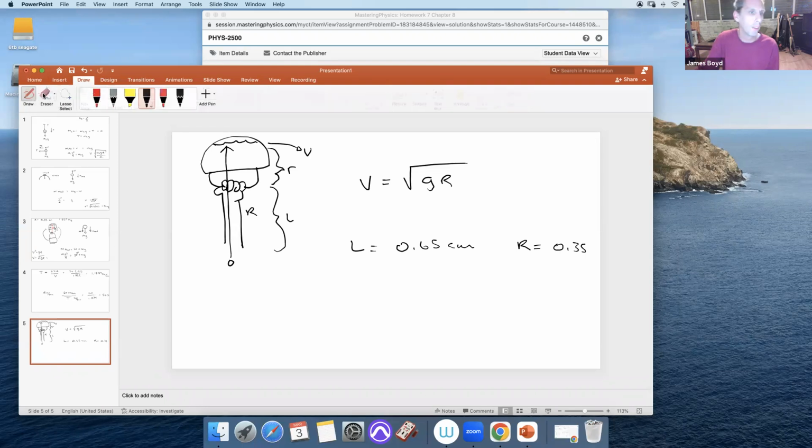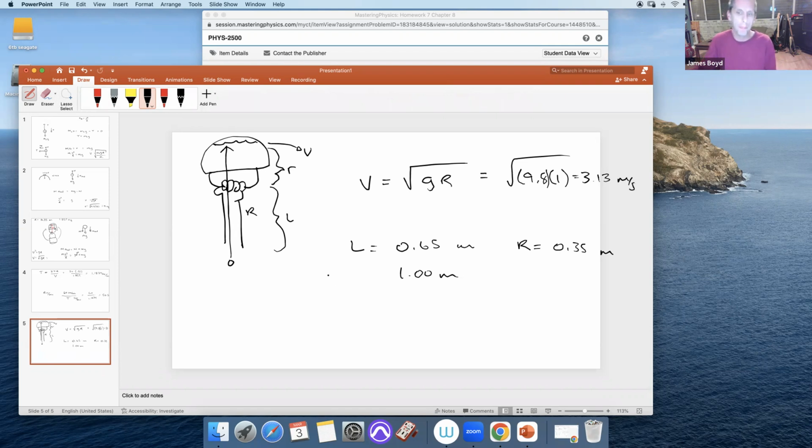And I don't know why I'm calling that centimeters; it's meters. If I add these together, I get 1.00 meters, or 1 meter. So my velocity is really the square root of 9.8 times 1, which is 3.13 meters per second.